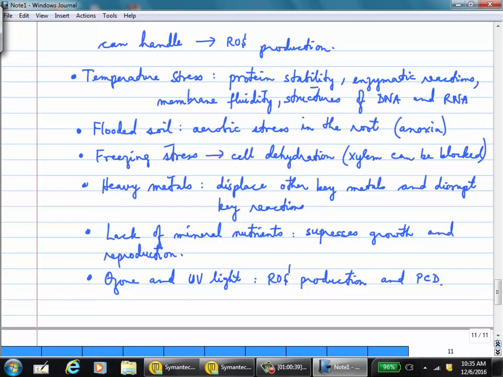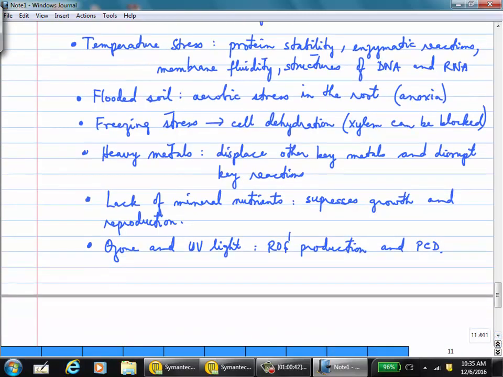Now, the last thing that we want to note in this listing of stresses is combinations of stresses. So if you have temperature, then too much light, flooding, the combination of stresses is going to produce responses that are different from those individual stresses just combined together. So this is a nonlinear phenomenon. It's not like you superimpose the stresses and you get something linear. And those different stress pathways also interact with each other.